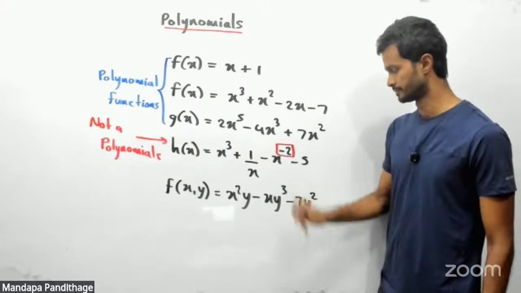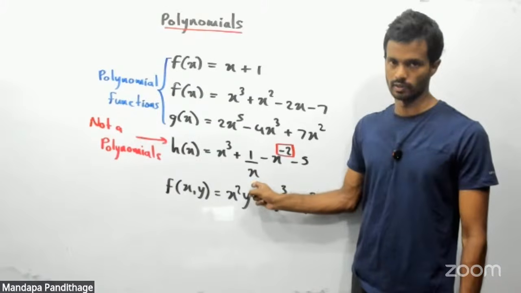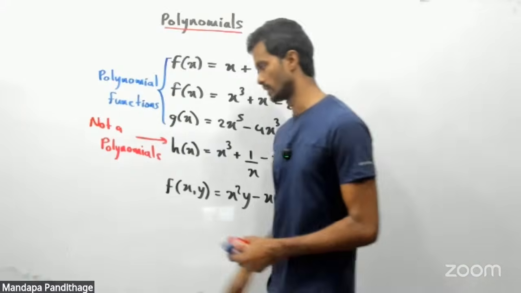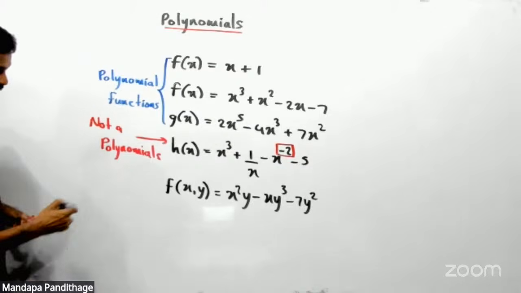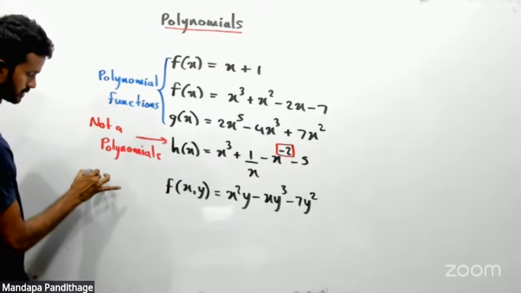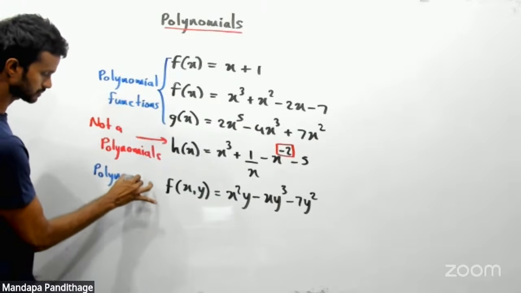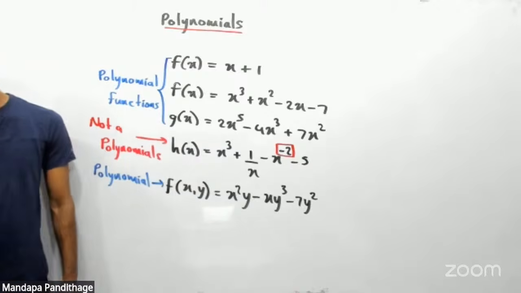So here both these are wrong because this has x to the power minus 1, which is a minus power, and this is minus 2. Then write in this way after writing these examples. So this is even a polynomial, not that only these are polynomials. Put a red star mark and write in a normal pen.